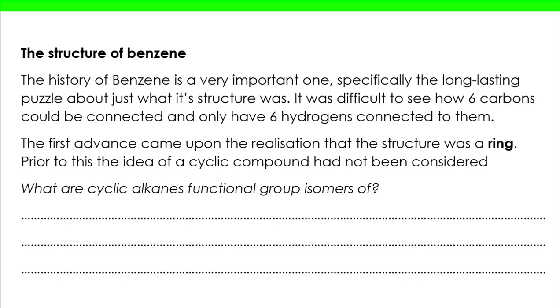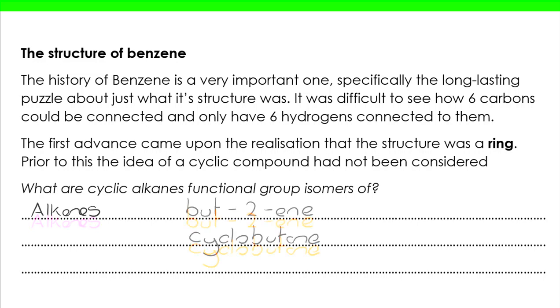Now, in year 12, you have learnt about cyclic alkanes, and specifically that they are a functional group isomer of another homologous series. What are they functional group isomers of? And cyclic alkanes are functional group isomers of alkenes. Let's take a look at an example.